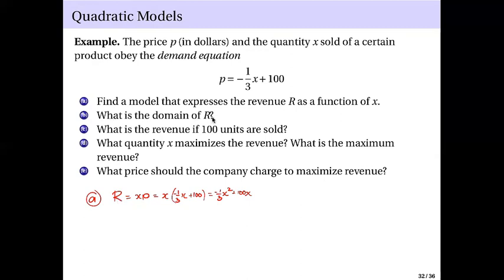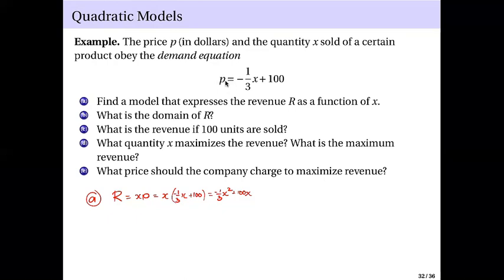Now, what is the domain of R? Technically, you can have only positive or equal to 0 for the domain of R. Revenue equals 0 if no units are sold. And from here, the price cannot be negative.